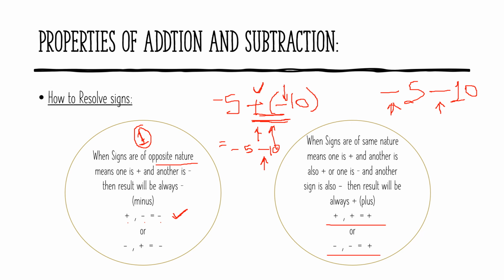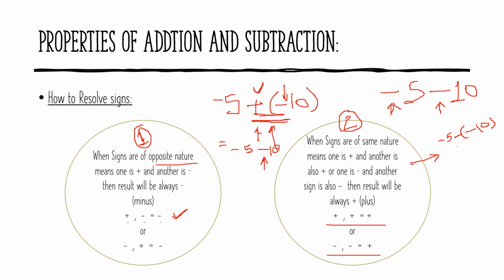So when signs are of the same nature, the result will always be plus. If signs are of opposite nature, the result will be minus. These two rules you need to remember. An example for this is minus 5 minus, and then there is minus 10.